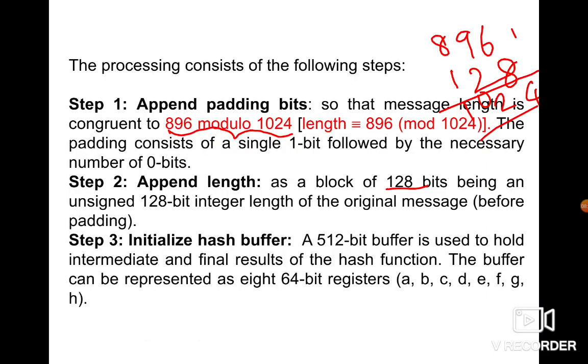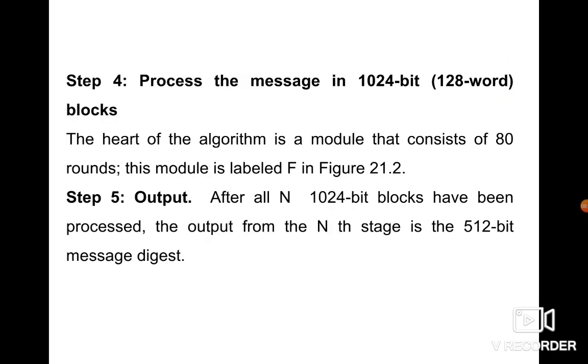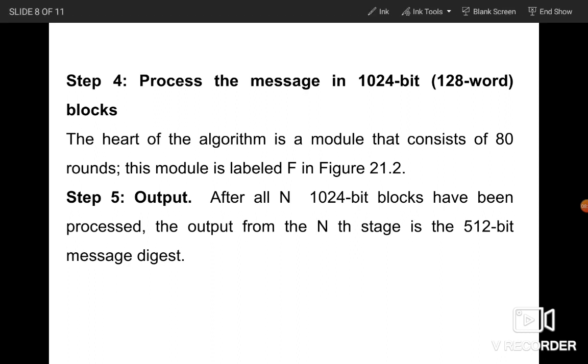So the third step is initializing the hash buffer. Using that buffer we are storing the intermediate result and the final result. In the fourth step we are processing the message in 1024 bit blocks. For processing we are using the module which consists of 80 rounds. It depends upon the SHA version. It consists of 80 rounds.